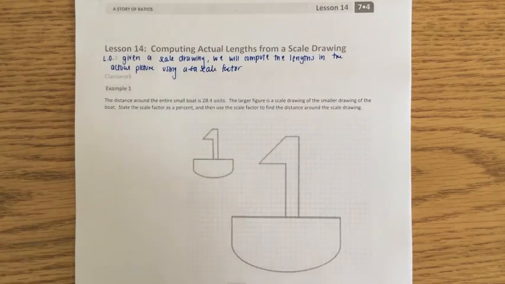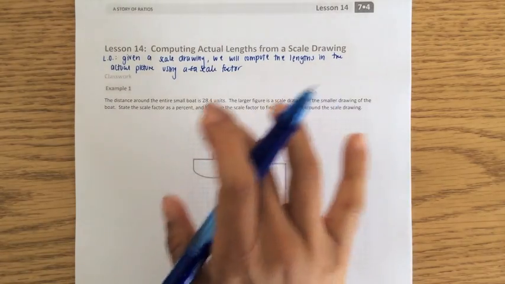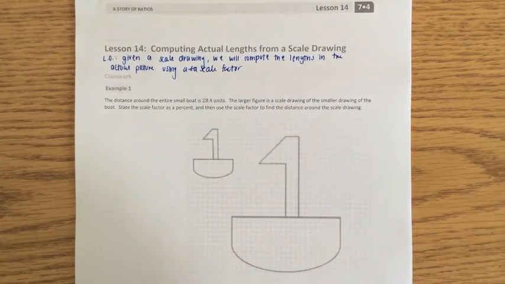All right, so taking a look at example 1, the distance around the entire small boat is 28.4 units.